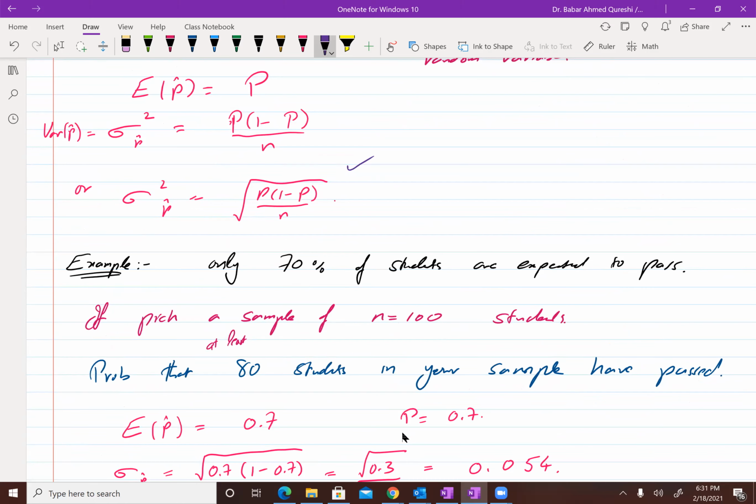You have just a proportion p in the population, and using that proportion you can compute the standard deviation of the proportion of the samples. The sample proportion is going to become a random variable. It will have a standard deviation which would be computed like this.